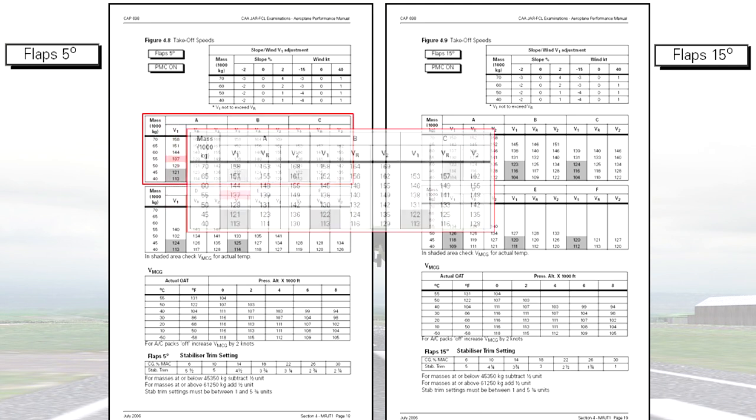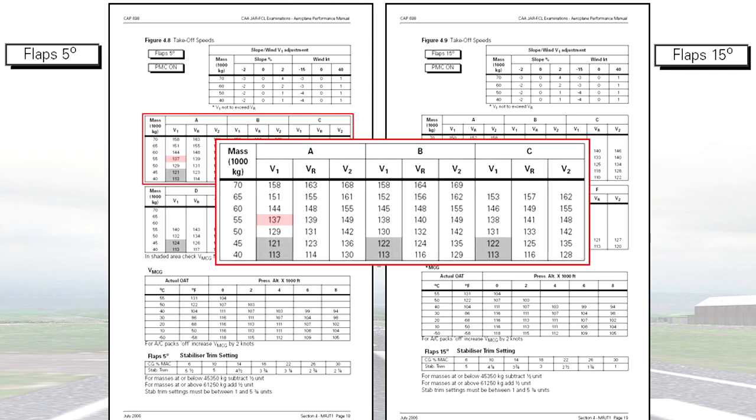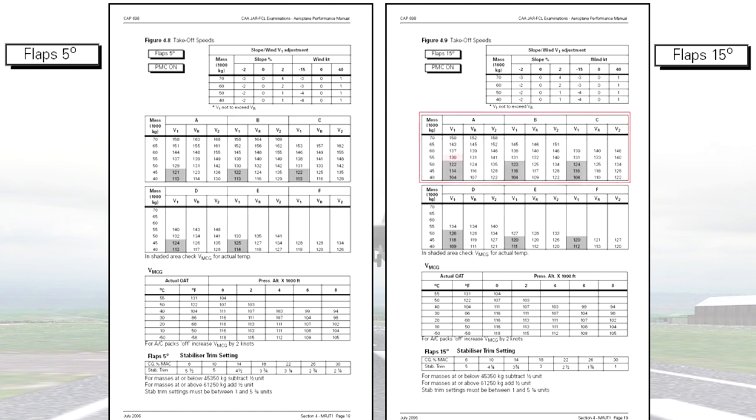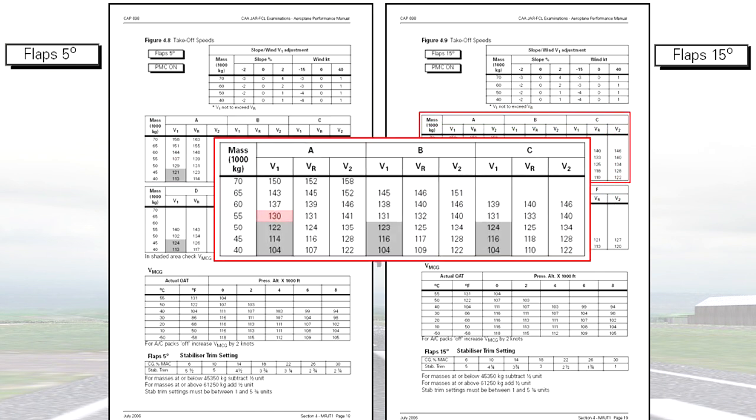On page 18, which is 5 degrees flap, a 55,000 kilogram mass requires a V1 speed of 137 knots. But on page 19, which is 15 degrees flap, for the same mass of 55,000 kilograms, the V1 speed is now 130 knots. Therefore, we can see that increasing flap angle decreases V1.